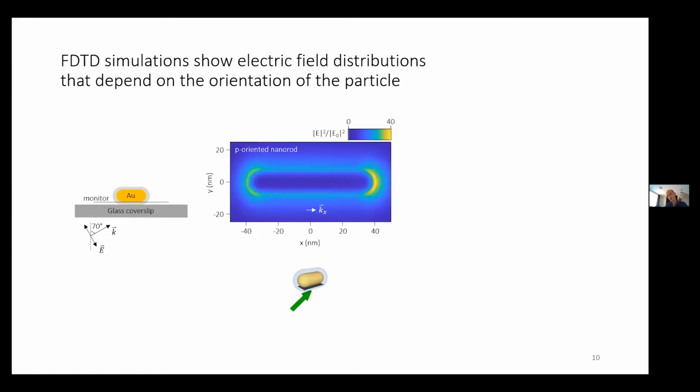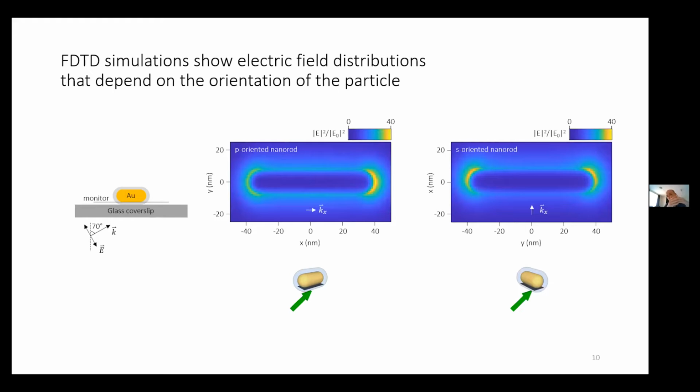When the rod is oriented along the propagation direction of the field, we find that the field enhancement on the rightmost tip is significantly higher than on the leftmost tip. On the other hand, if the particle is oriented perpendicular to the propagation direction of the field, you see that the field enhancement between the two tips is equal.